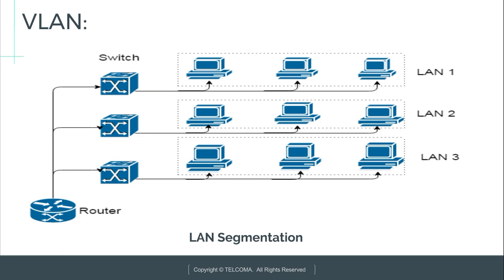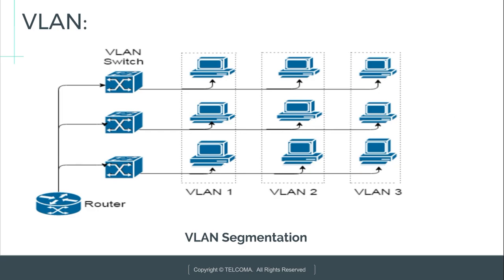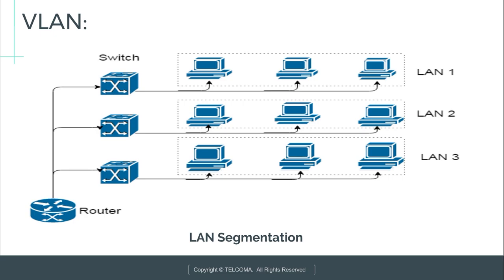To make the VLAN network from the LAN segmentation, in this diagram we show the VLAN segmentation, where we have divided the devices into VLAN 1, VLAN 2 and VLAN 3. It means the devices in VLAN 1 are connected to different switches. Let's take a scenario where a user wants to broadcast a message to different devices in different LANs.